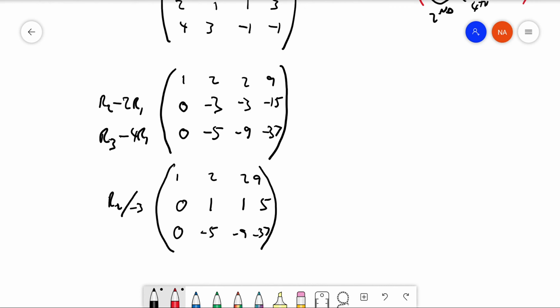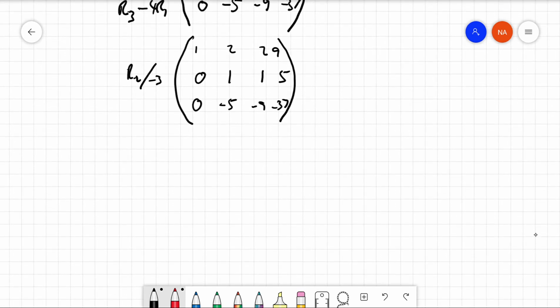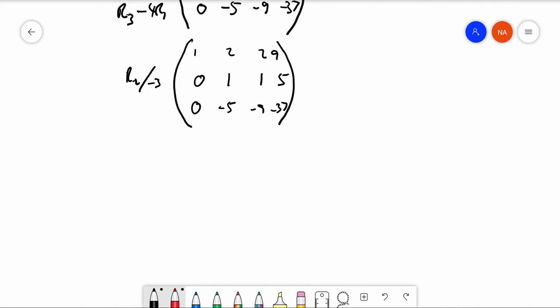Okay, you can do any multiples or divisors of the rows and then add them or subtract them or whatever you like, but you can't just add or subtract numbers. That's important. Right, I've now got that. Now I'm going to try and get zeros here and here. Okay.